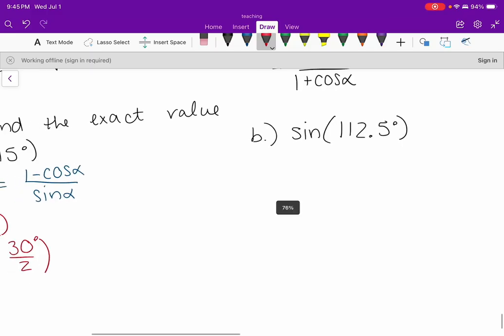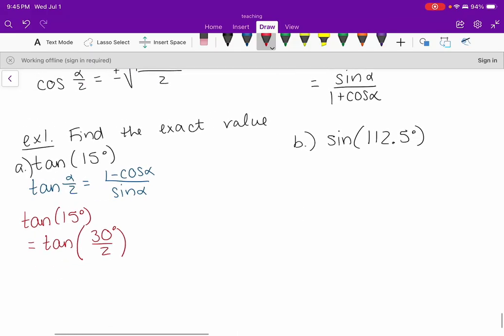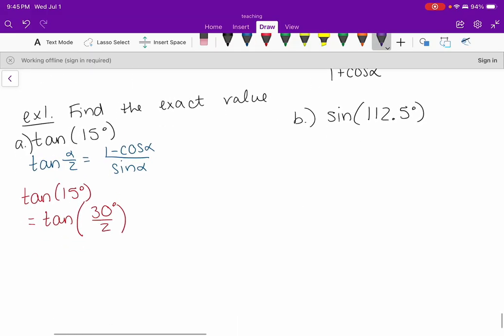What this means for us is that this 30 degrees is my alpha in my identity. So when I go to the other side of the identity, I'll just plug 30 degrees in as alpha. And we know cosine and sine of 30 degrees.